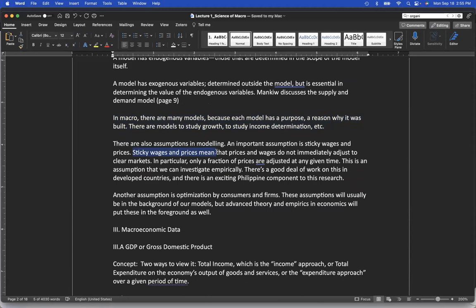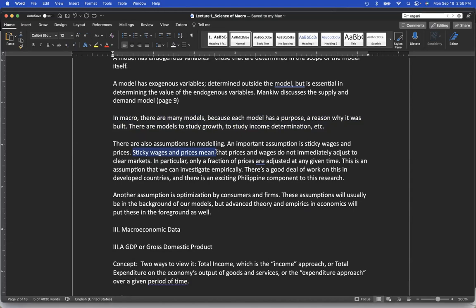So in that example, when demand or supply shifts, there is an adjustment, and when price goes up or down, quantity goes up or down. Ironically, in macro, we are going to make an assumption that not all prices will change, even though the market conditions change. And that is the sticky price and sticky wage assumption.